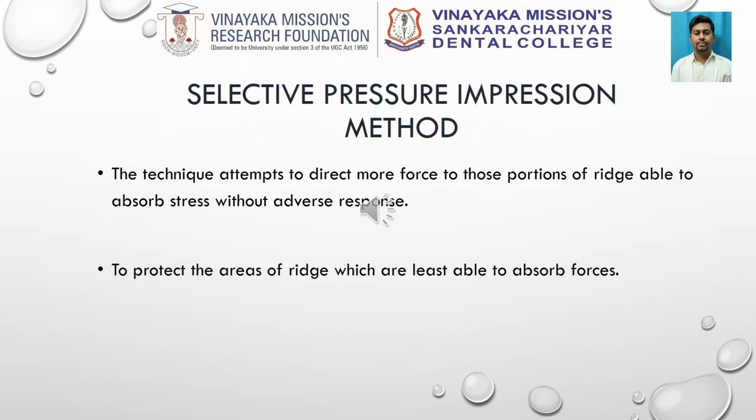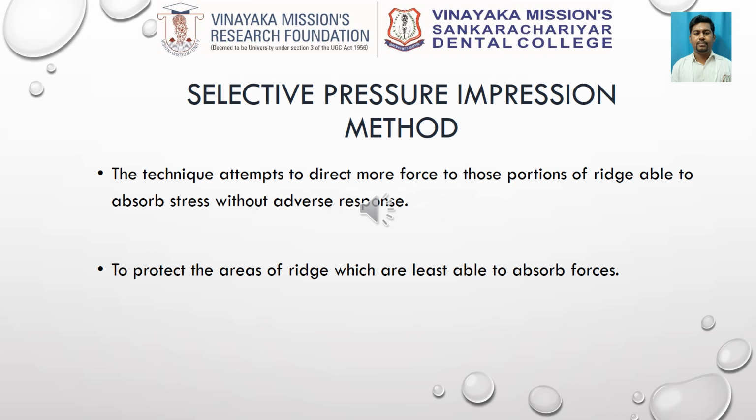Coming to the last impression technique of this lecture, the selective pressure impression technique. This is a technique which attempts to direct more forces to those portions of the ridge which are able to absorb the stresses without any adverse response. That means if you place any amount of stress on a hard tissue, it should not undergo resorption.